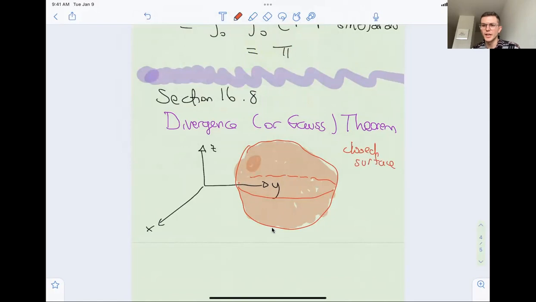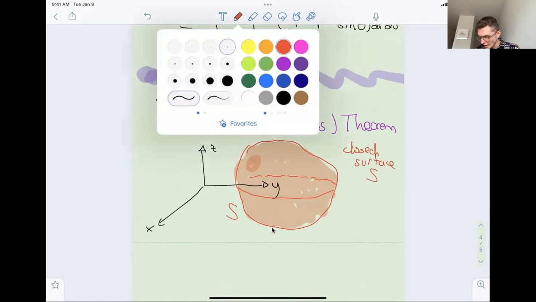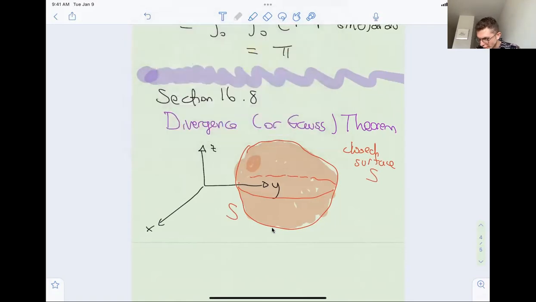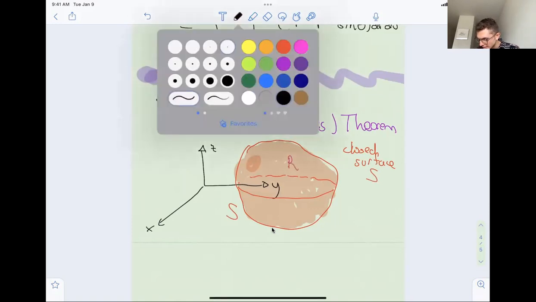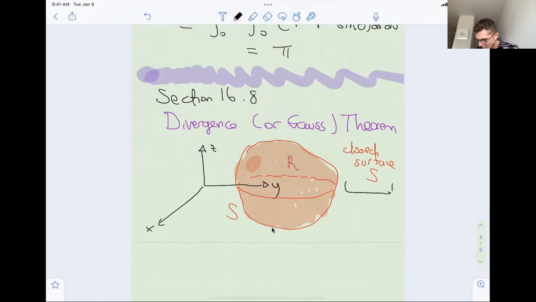And that just means that it encloses a 3D region. Let me call that region R. So here's a closed surface S, and let's call this region R inside the surface. The fact that it is closed means it encloses.